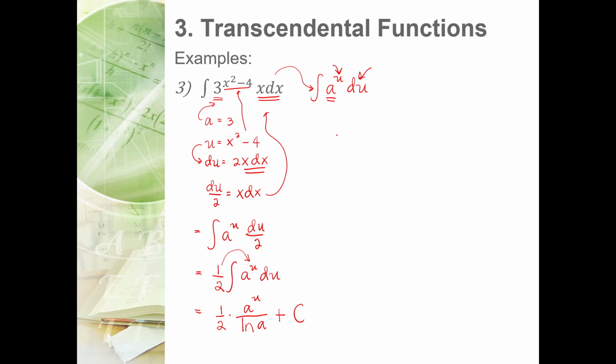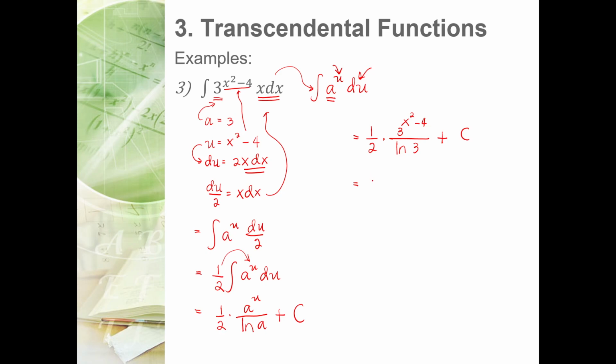Okay, so bringing back the value of your a and u parameters, you now have 1/2 times 3 to the power of x squared minus 4 all over ln a, so that's ln of 3, plus c.